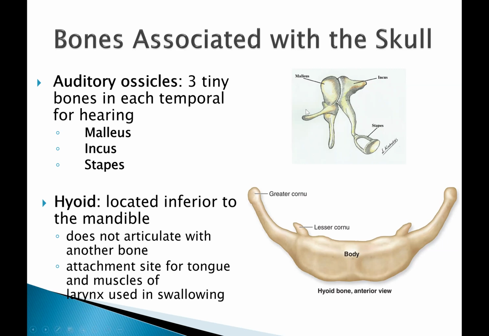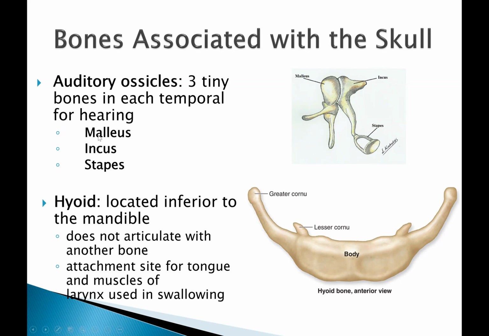So the malleus, the hammer, beats on the incus, and that moves. As sound is going through your ears, that's moving the malleus. That changes the incus, and the stapes will beat back and forth, and that's hitting your eardrum.